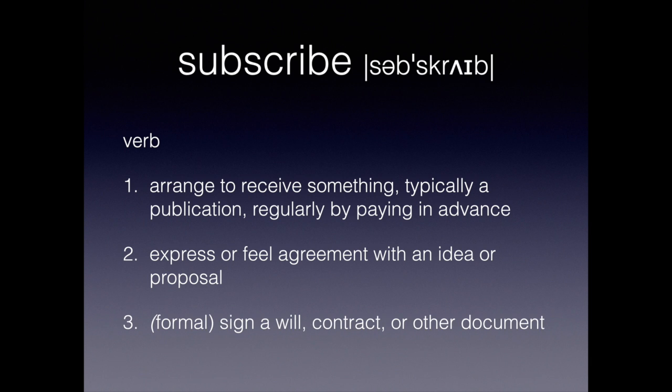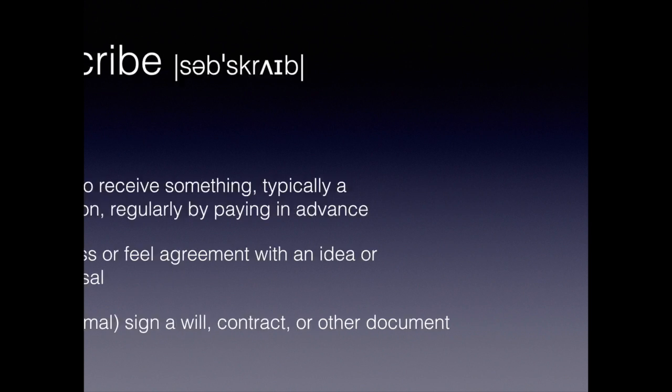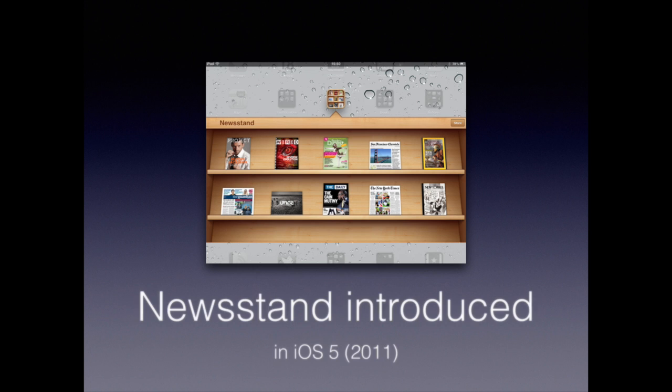So from 2009, it stayed that way until 2011 when Apple introduced Newsstand in iOS 5. With that, they wanted to support the business models of magazines like Wired or the New York Times, and to tap into the revenues that are collected there.